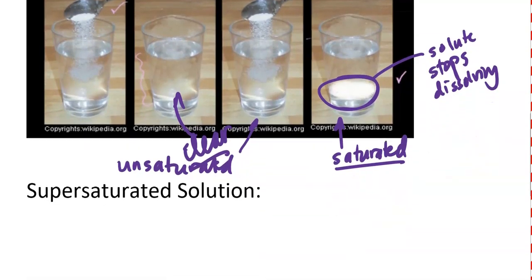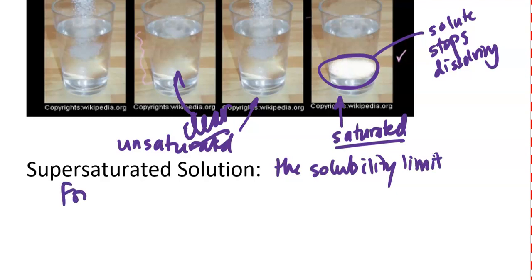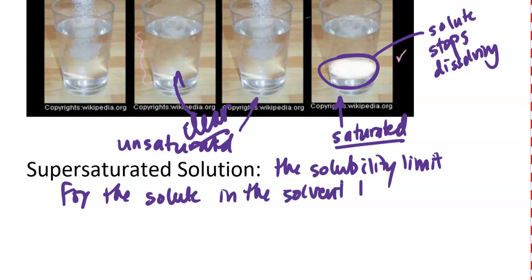And if you do that, you actually get what we call a supersaturated solution. This is a solution in which the solubility limit for the solute in the solvent has been exceeded.